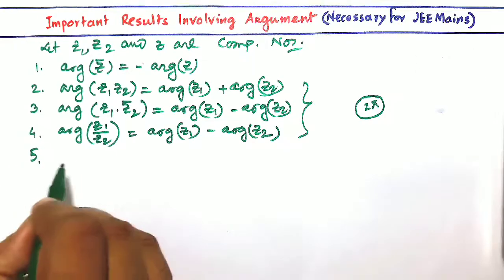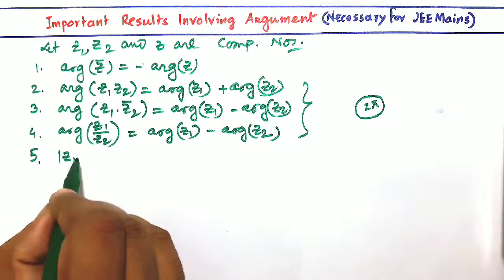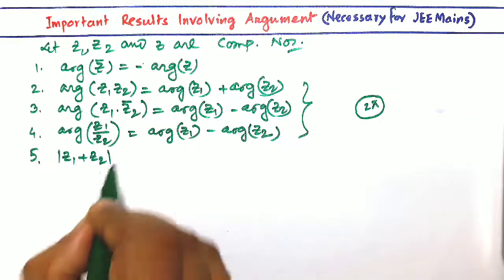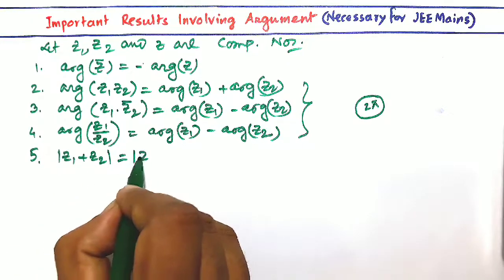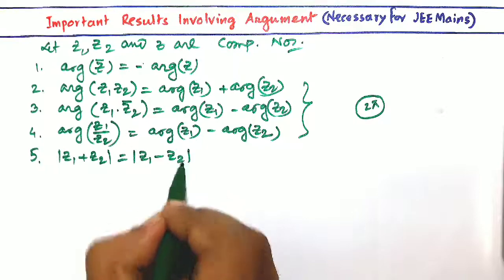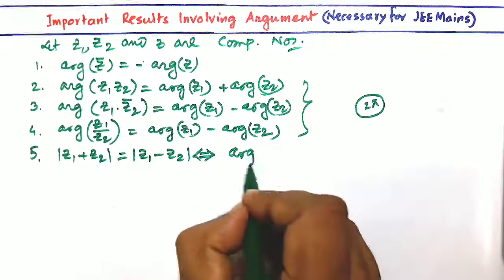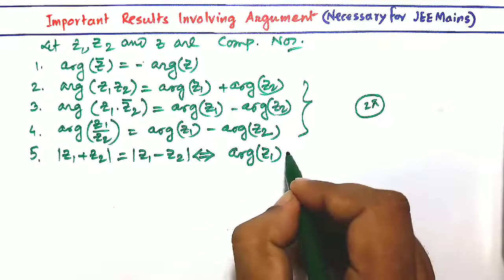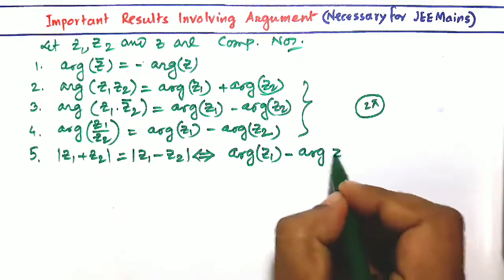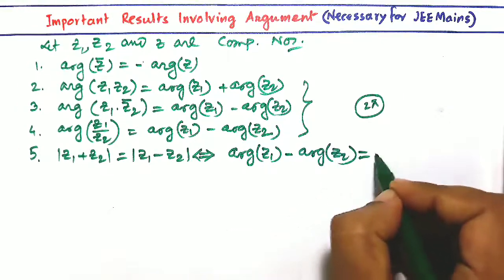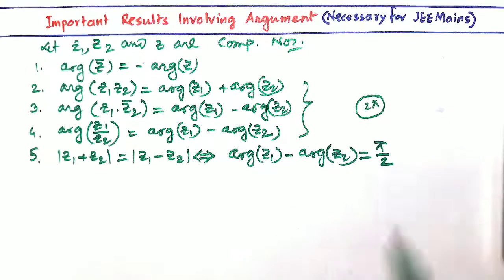Fifth, modulus of Z1 plus Z2 is equal to modulus of Z1 minus Z2 if and only if arg of Z1 minus arg of Z2 is equal to pi upon 2.